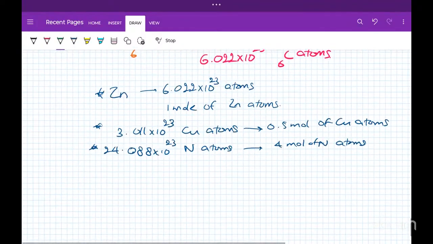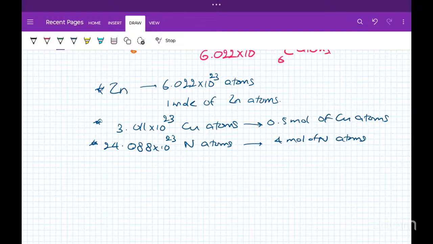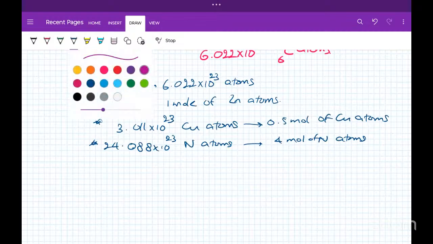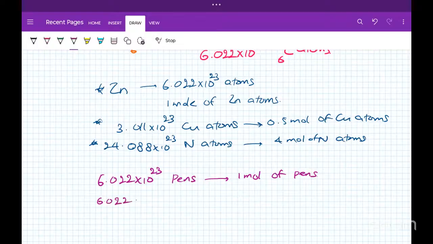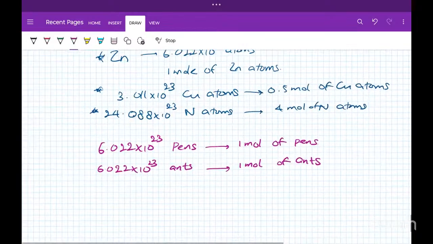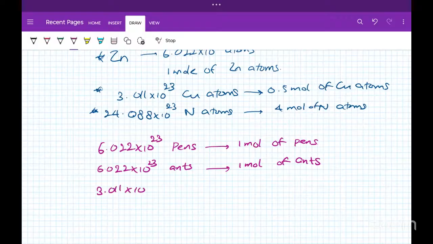Example: 6.022 × 10^23 pens is 1 mole of pens. 6.022 × 10^23 ants is 1 mole of ants. 3.011 × 10^23, let's say bottles, is 0.5 moles of bottles.